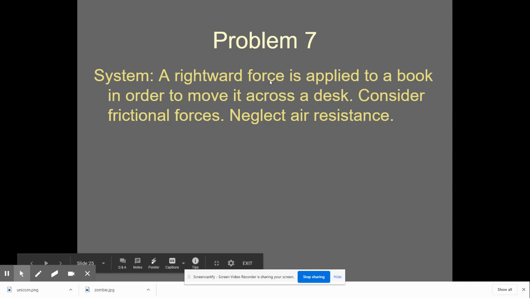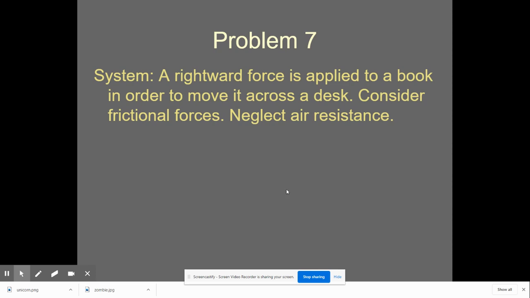A rightward force is applied. Oh, yeah. See, use the word applied to help me out. To a book in order to move it across the desk. Okay. Consider frictional forces, neglect air resistance. Oh, well, that'll be fun. All right. Well, I think it's going to be a square for my book.